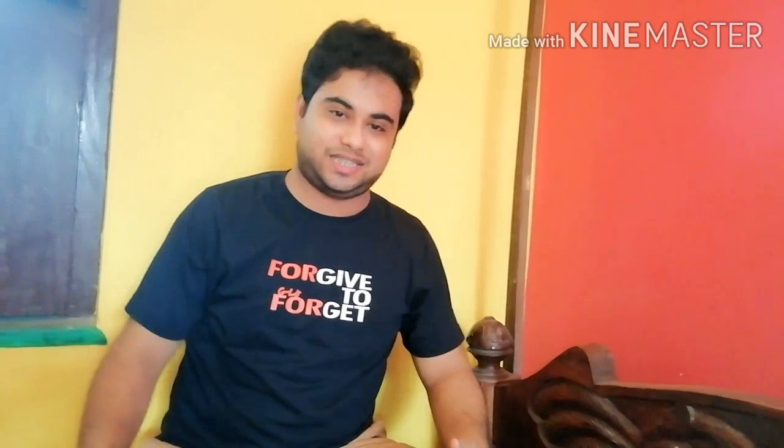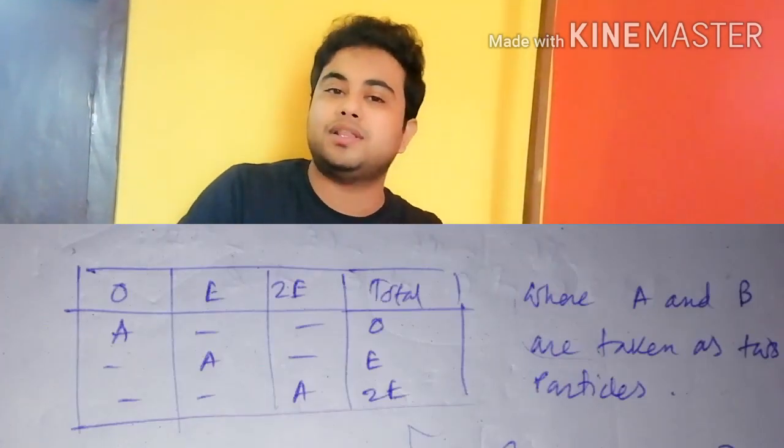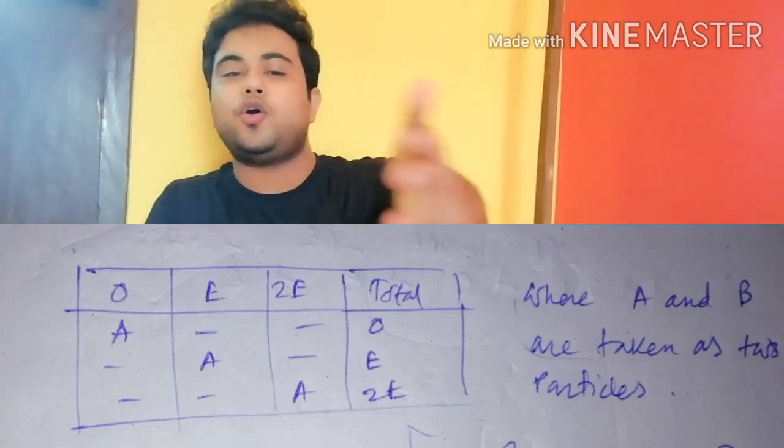So what is our aim here? We will take any one particle out of A or B and find what kind of combinations we could get in different energy states. We know there is no limitation on a particle staying in a particular energy level. Let's see the diagram I have made here. What are the possible configurations for this system? There are 3 types of energy levels in this case: 0, E and 2E.